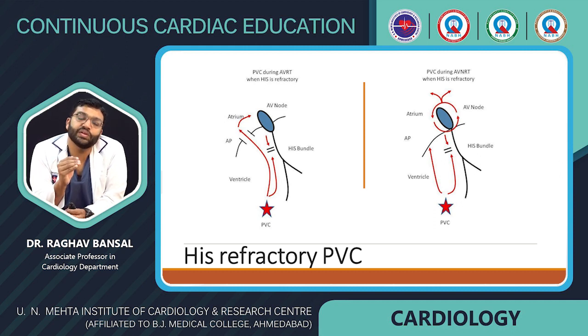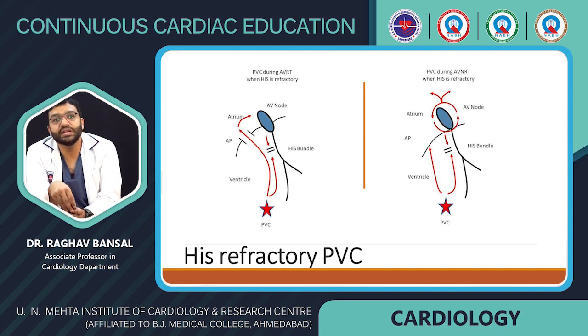There has to be a presence of an accessory pathway if it has to change the atrial activation. And in the absence of an accessory pathway, there is no way that a His refractory PVC can travel back to the atrium and change the activation of the atrium.